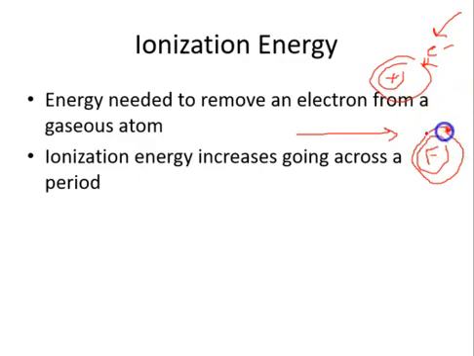So she is holding on to the electrons in her outermost energy level with all of her might because she is only one away from getting to have noble gas configuration. So she's not going to let go of any of these 7 electrons that she currently has. She's holding on to them tightly, so it's going to take a lot of energy to get her electrons away.